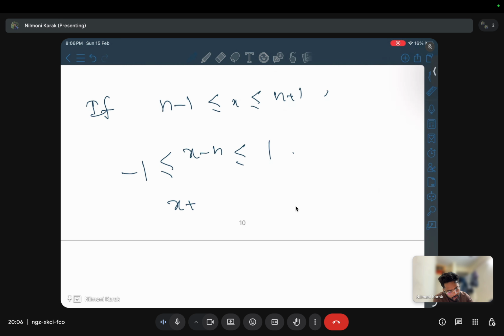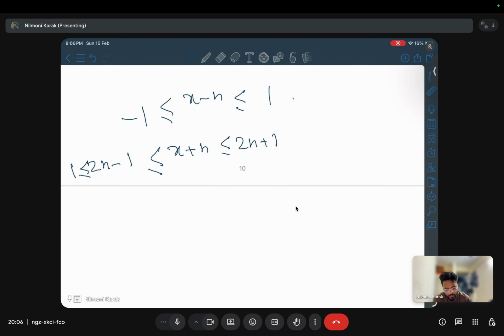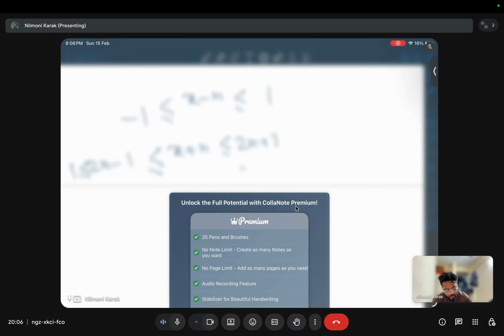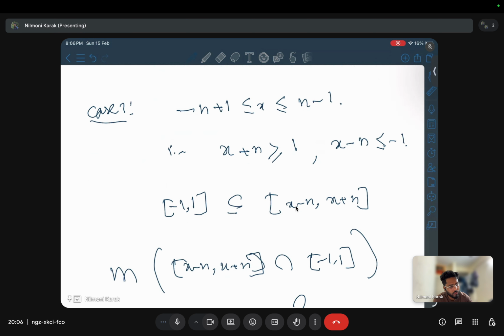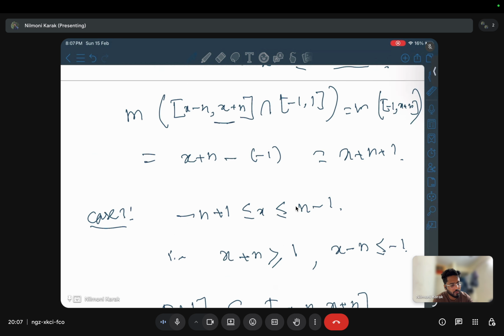And what about x plus n less than or equal to 2n plus 1, or greater than or equal to 2n minus 1, and 2n minus 1 is greater than or equal to 1? We cannot bound this for large values of n. So we have to go to the next page.